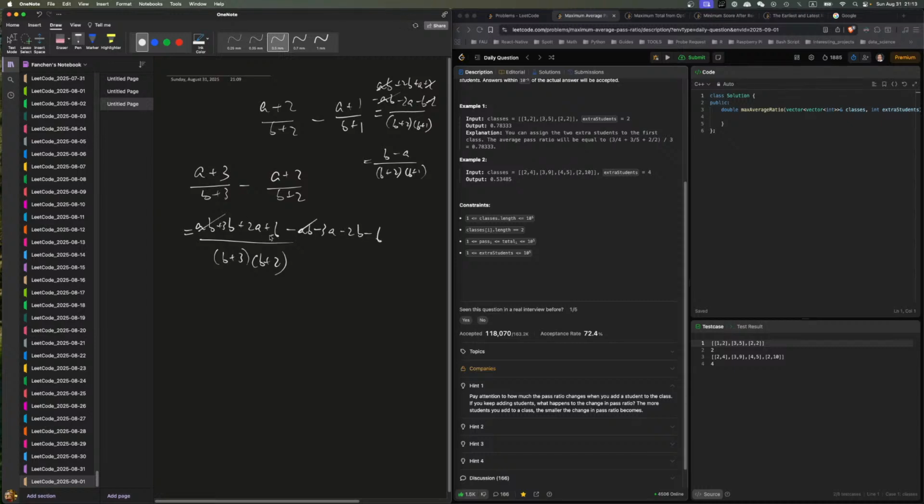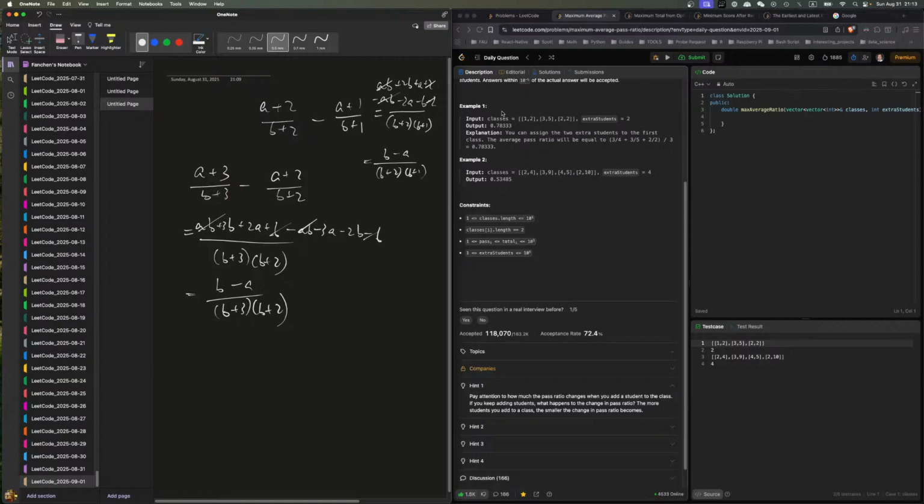AB is gone, 6 is gone, and this one is B minus A as well. This actually is clearer. So this is larger than this. Therefore, the first one is always better. So we always just add one. We don't add a second.